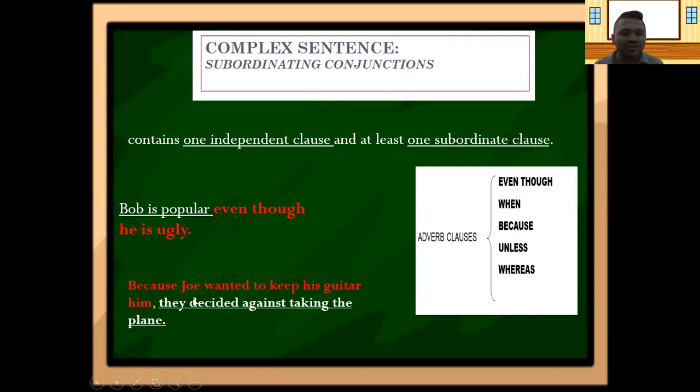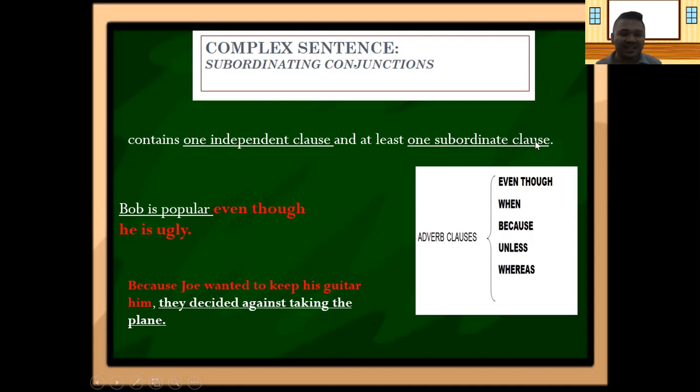Next: "Because Joe wanted to keep his guitar with him, they decided against taking the plane." So remember, "because Joe wanted to keep his guitar with him" is the subordinate clause. Now take note, if the sentence starts with a subordinating conjunction, that is automatically a subordinate clause.